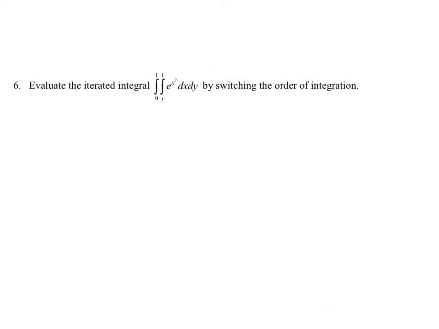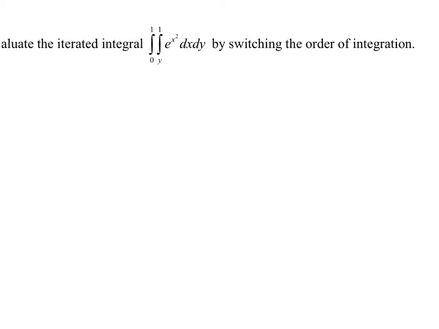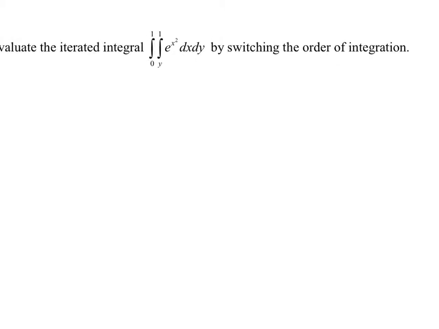You take a look at the problem and you say, I don't have the first idea how to integrate e to the x squared. Now, I just kind of gave you a sense, talking about Taylor and Maclaurin series. Maybe you like those sorts of things, maybe you don't. But with iterated integrals, you have the option to switch your variables.